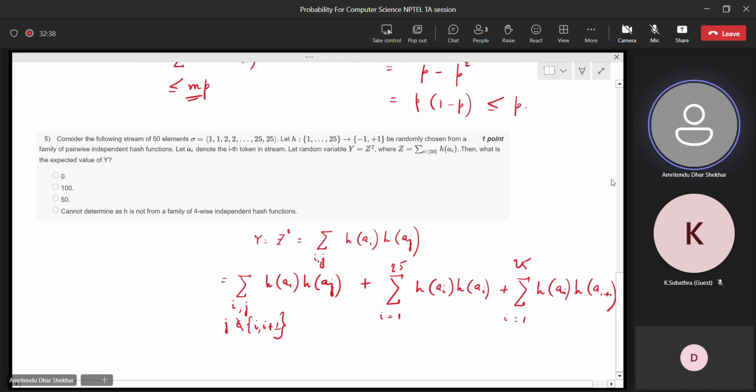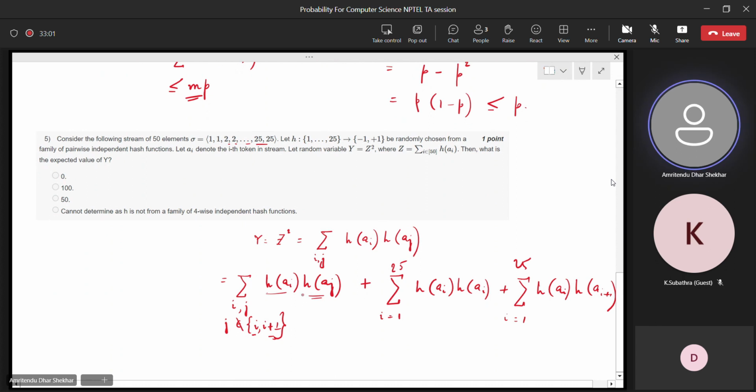So the reason why I wrote it in this way is because the stream repeats elements. So if i and j, by saying that j is not equal to i or i plus 1, it means that we're looking at two different numbers.